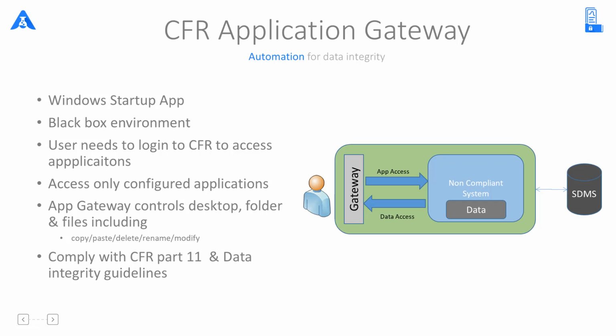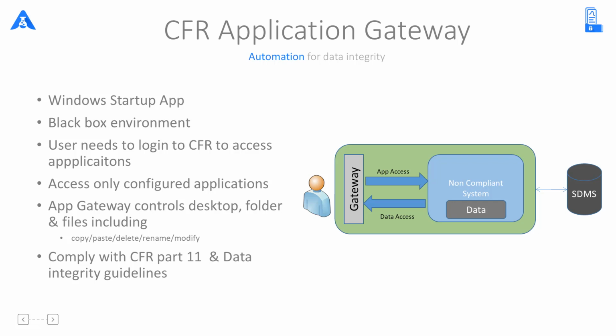This environment is a black box environment. That means users will not be able to get out of this environment unless you are a special administrator. Within this environment, users will be able to log into the CFR Gateway and check which applications a specific user can use.